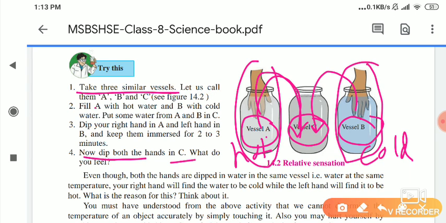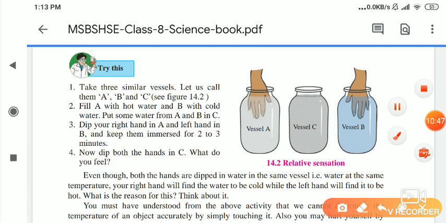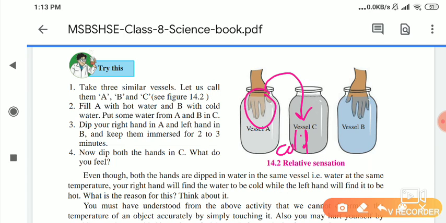Here hot water is there and here cold water is there. If you put the hand which you kept inside the hot water into vessel C, you will feel it is cold, because compared to vessel A, vessel C's water is cold.